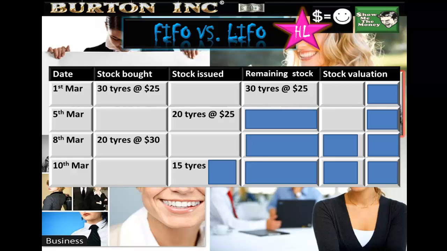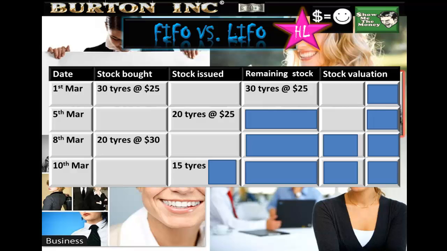If we buy in 30 tyres, we've obviously still got 30 tyres in there. We haven't sold anything yet. So 30 tyres at $25, all we have to do for our stock valuation. And I've been repeating this over and over in this financial accounts section, but the structure of this whole thing is incredibly important.